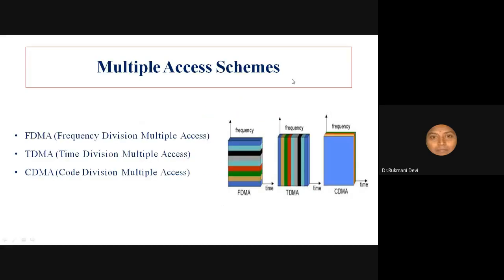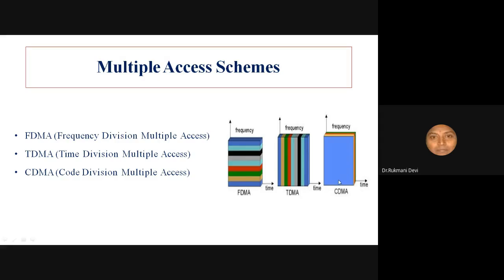Okay, so multiple access schemes: frequency division multiple access, time division multiple access, code division multiple access. In frequency division multiple access, the frequency spectrum is divided depending upon the frequency band. Similarly, based on time, similarly based on the code.